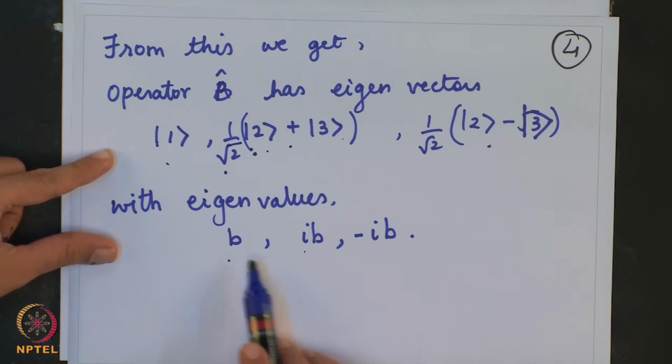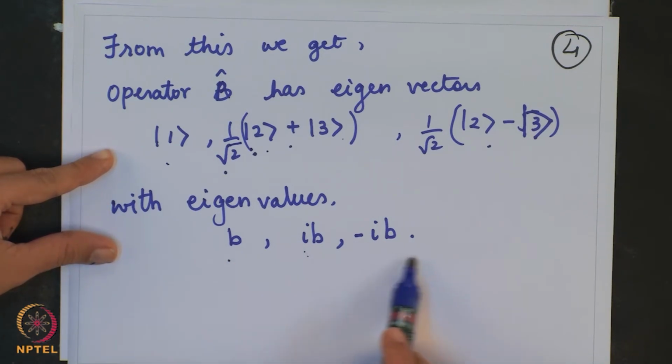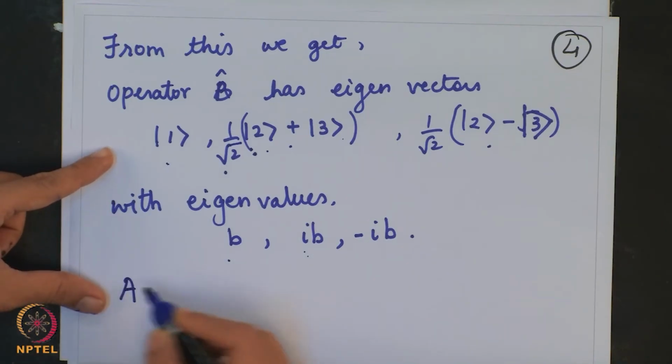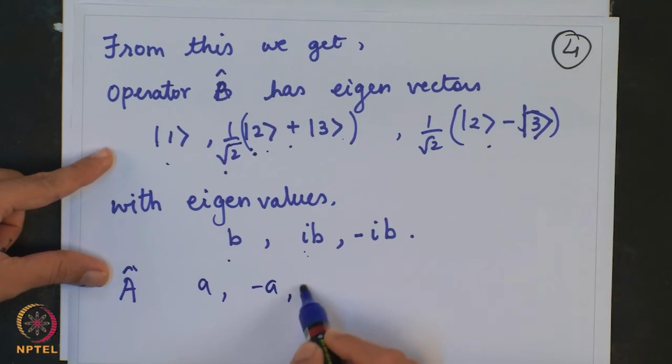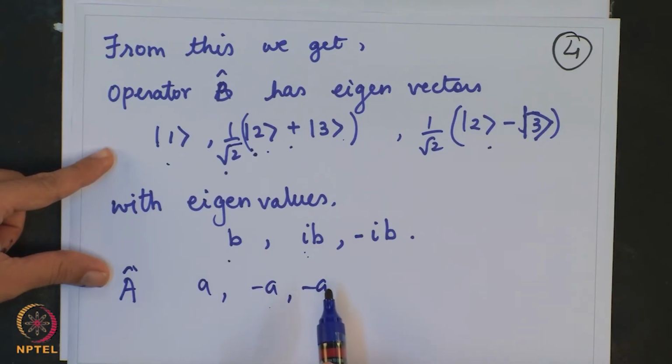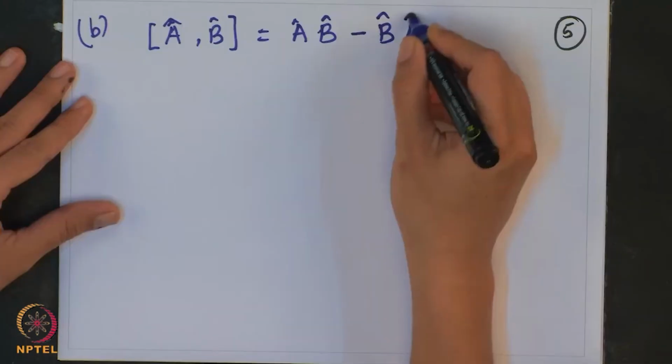So, you can see that these are non-degenerate. Okay. However, the operator A has eigenvalues a, minus a, minus a. So, this is a degenerate state for eigenvalue minus a.